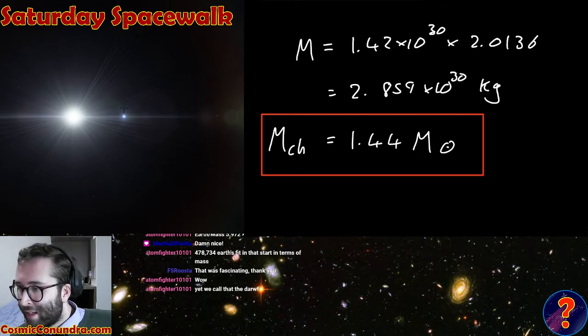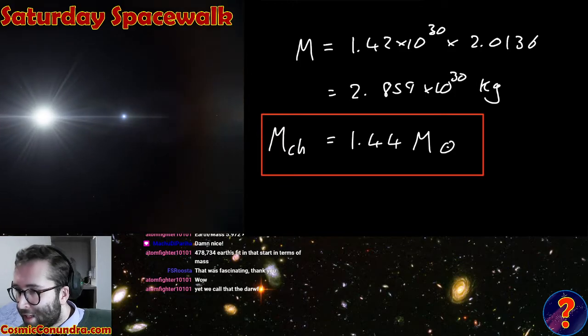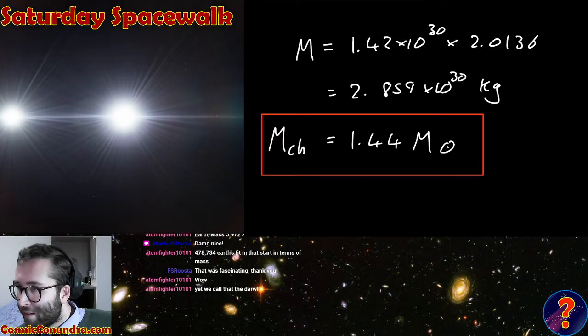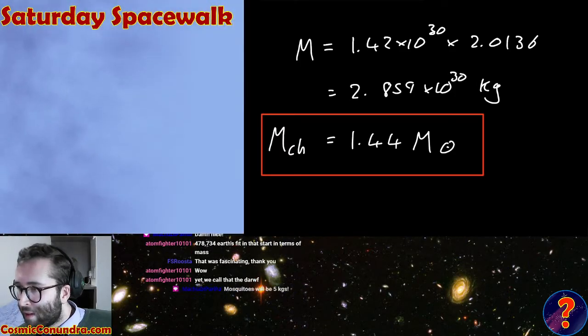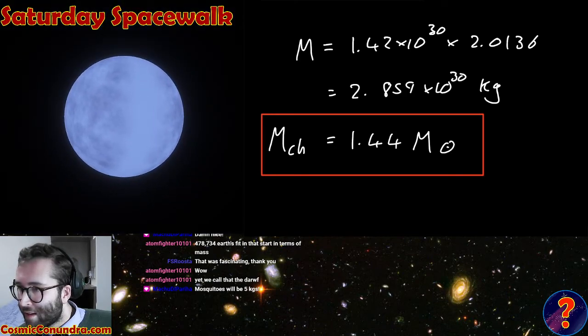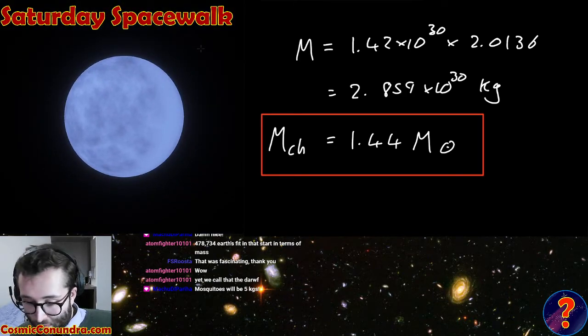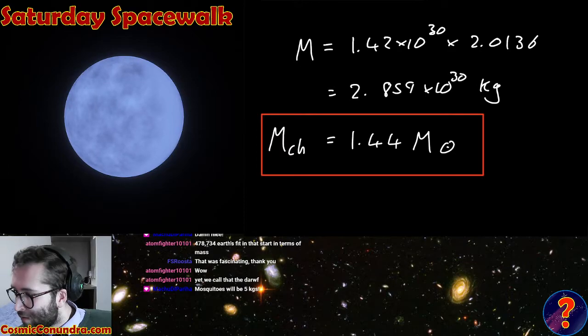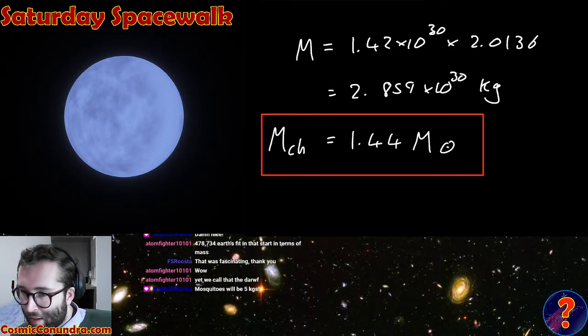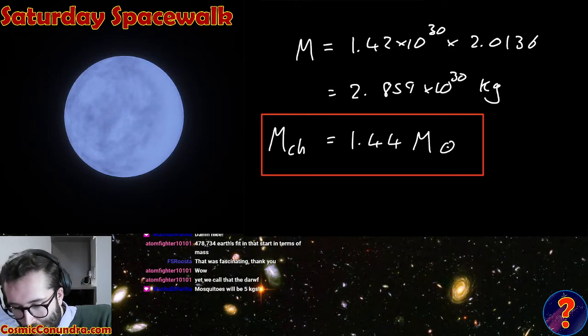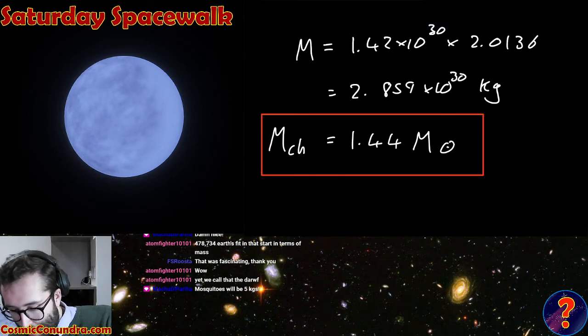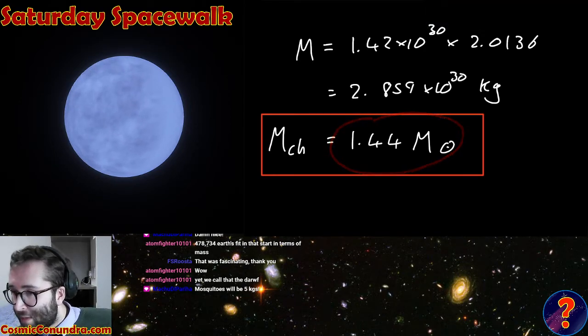Of course, a white dwarf is around the size of the Earth in terms of volume, but is around the mass of a sun. And as we've shown quite remarkably now, it is around the mass of a sun, but never any more than 1.44 times the mass of a sun.